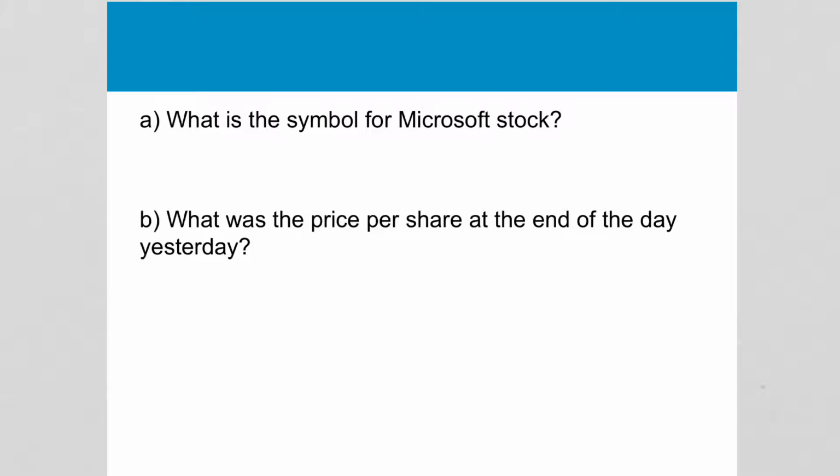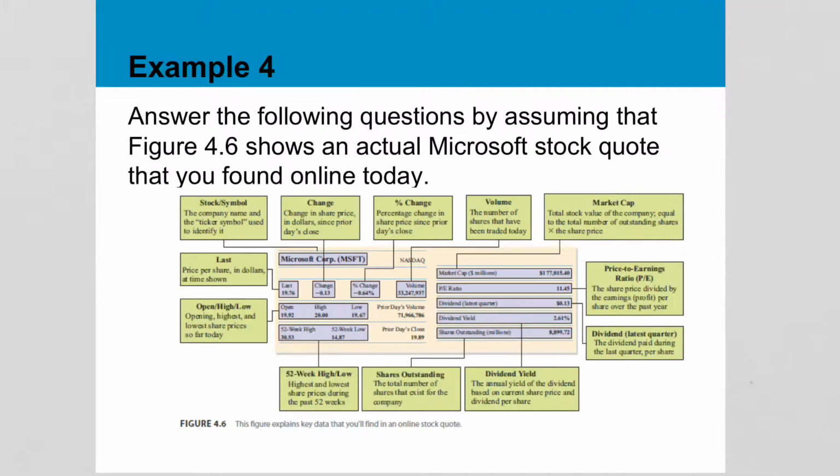What is the symbol for the Microsoft stock? So when you're answering questions like this on your notes, you can look back at this and see, here's where it talks about the symbol, and follow to right there. Wish I had a highlighter in this program. It's MSFT.